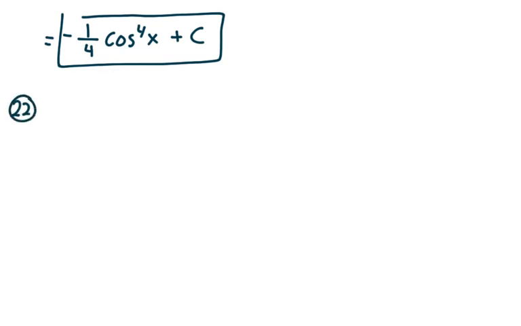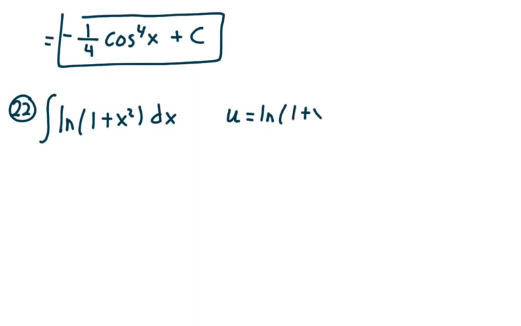So let's take a look at problem 22. Suppose we had the integral of the natural log of 1 plus x squared dx. This is an integration by parts problem. And so the way I'm going to attack this is I'm going to let u equal natural log of 1 plus x squared. dv is equal to 1 dx.